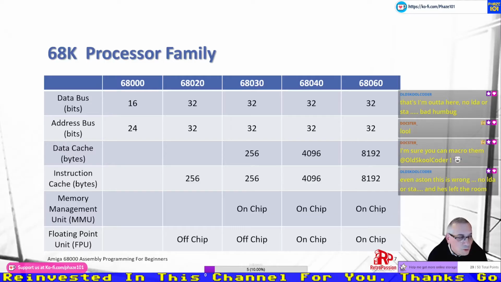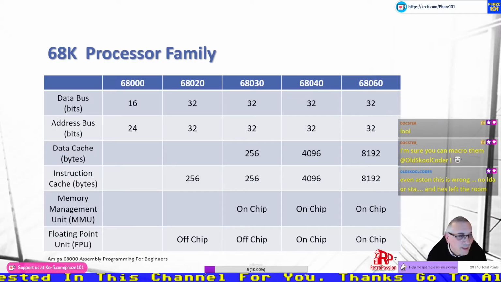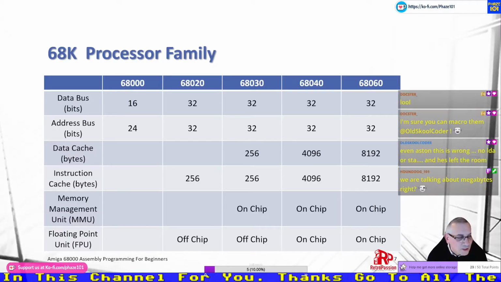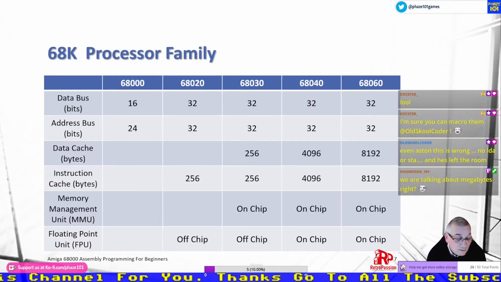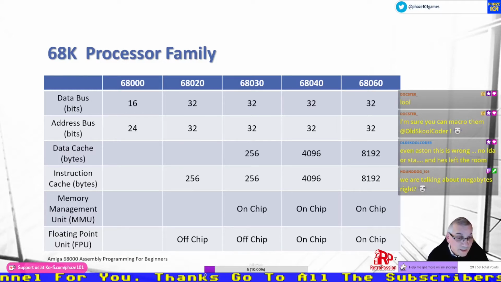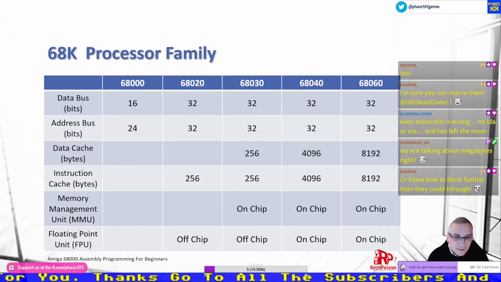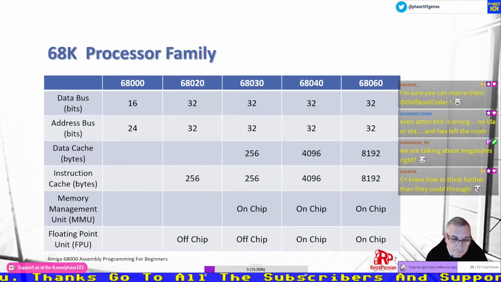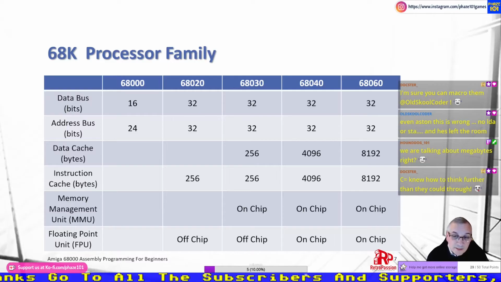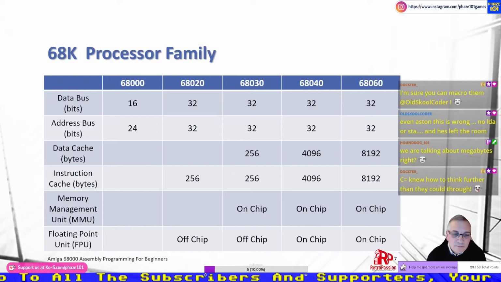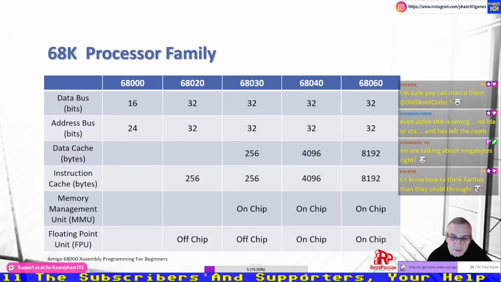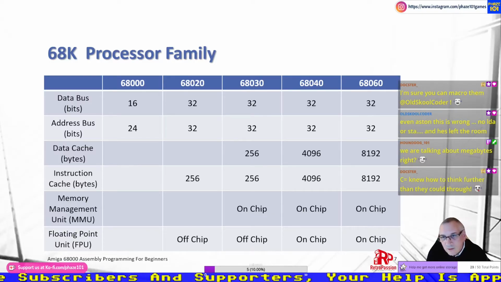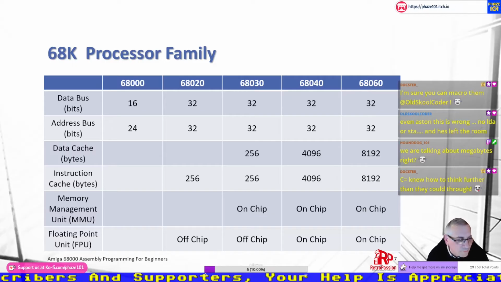So when you are in a loop, it can remember and execute those instructions more quickly, because they are in its own RAM, let's say that. The 68030 has got a memory management unit and the rest, and all the CPUs that follow.